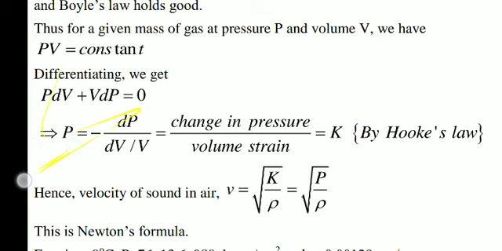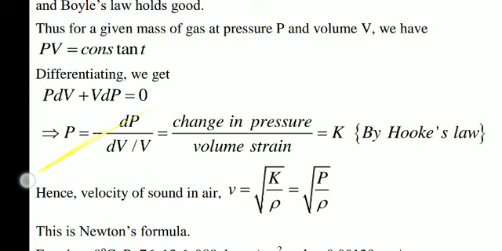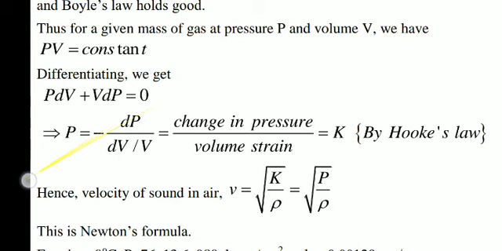Therefore P is equal to minus V into dP over dV. I am taking this V which was in the numerator to the denominator, so that after solving, it will come into the numerator only. So this equation can be written like this: P is equal to minus dP upon dV by V.